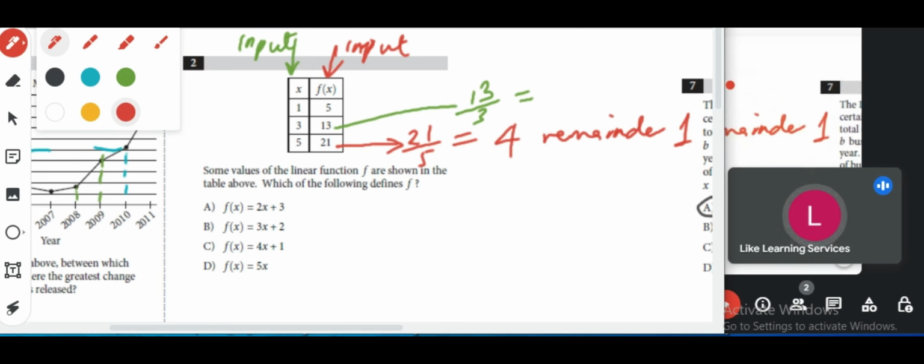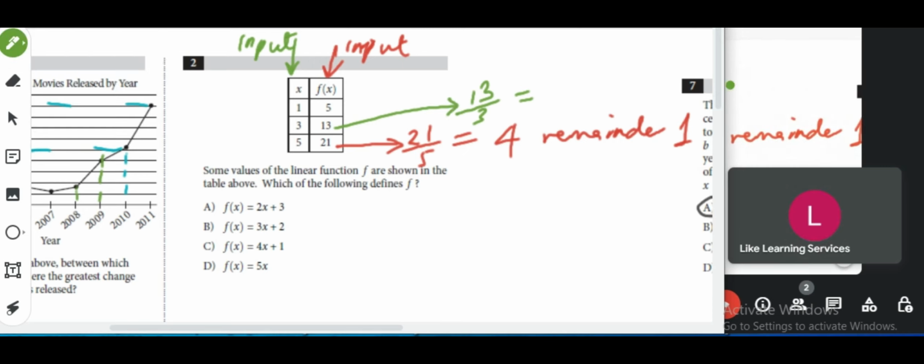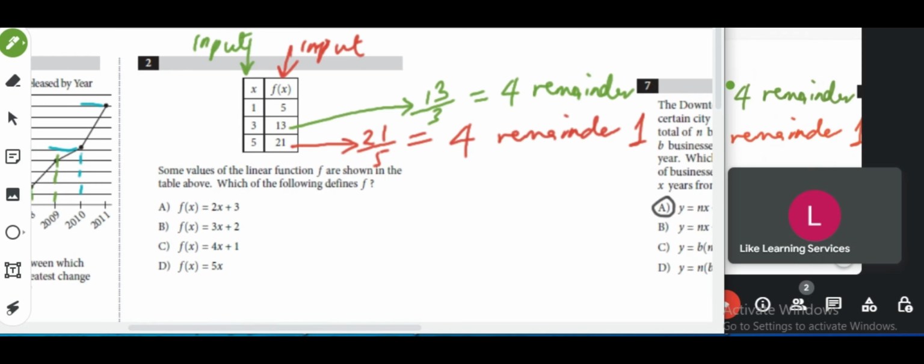13 divided by 3. What will it be? That is 4, remainder 1. 4 remainder 1 again.